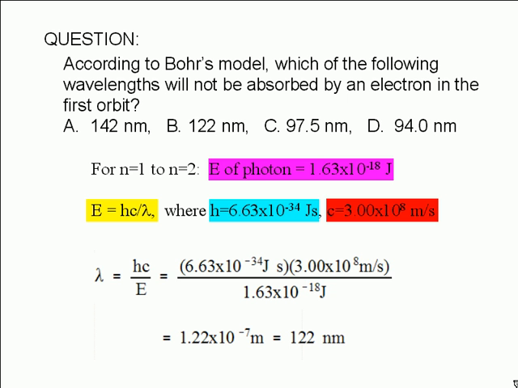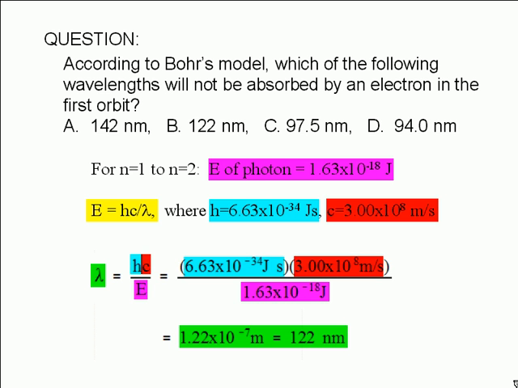We can rearrange the equation to solve for lambda. Lambda equals h times c divided by the photon energy. This gives us a wavelength of 1.22 times 10 to the negative 7th meters, or 122 nanometers.